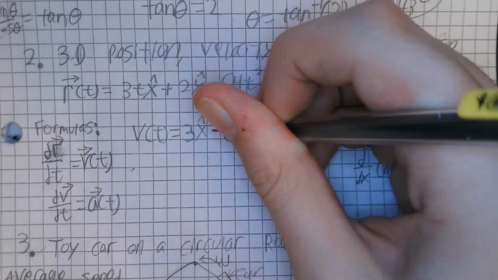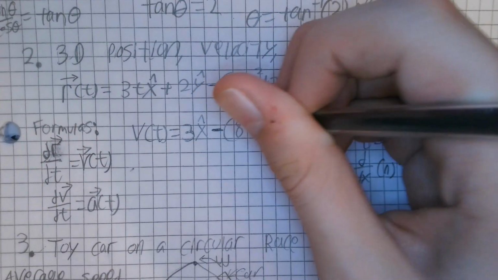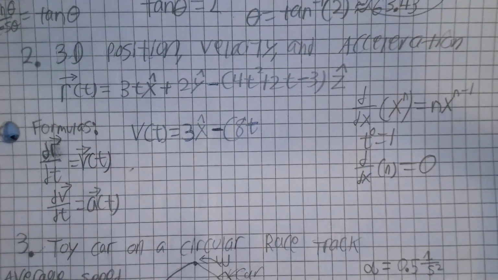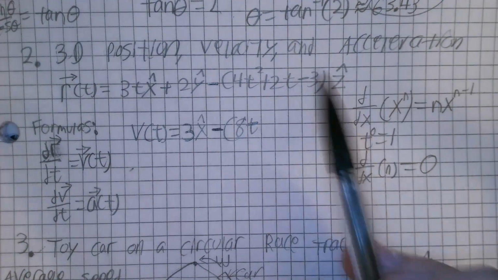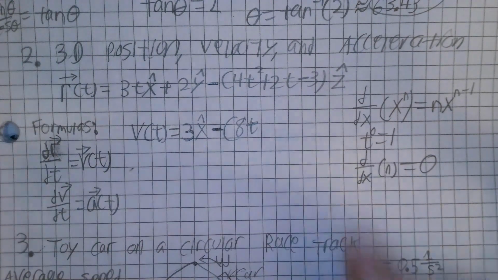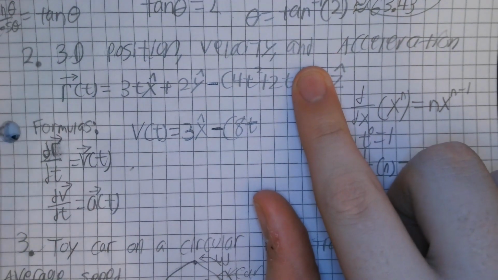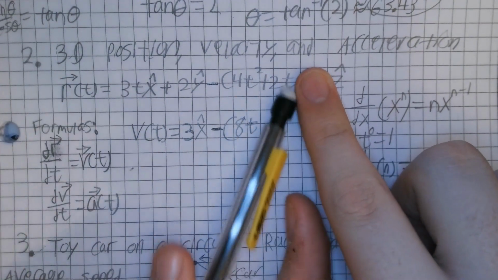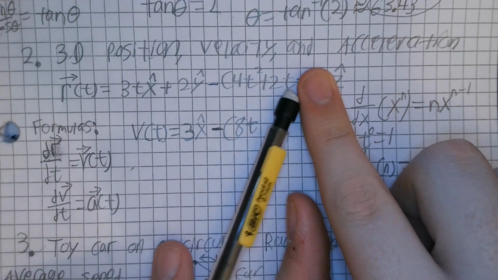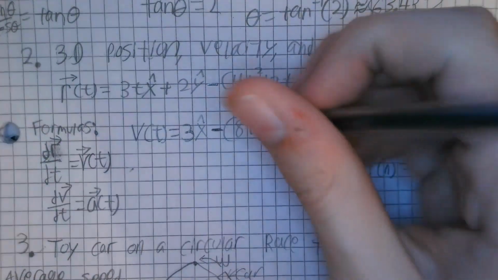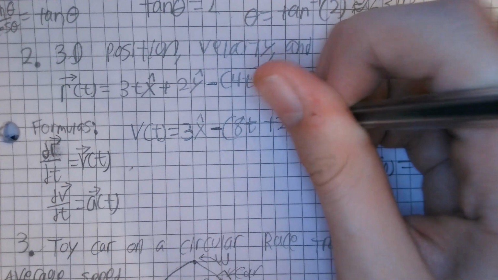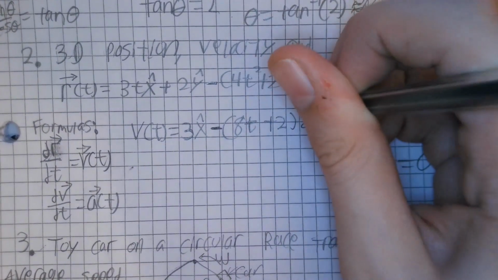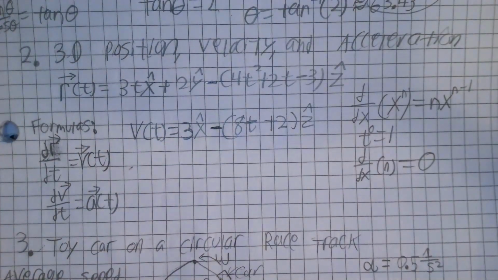We just get 8t. 2 minus 1 is 1. 8t, constant 0, so we can already cover that up, basically. And then we can do the same thing that we did here, over here. Minus 1 to the power, that's 1. 2 times 1 is 2. 8t plus 2. And that is going to be in the z hat direction.